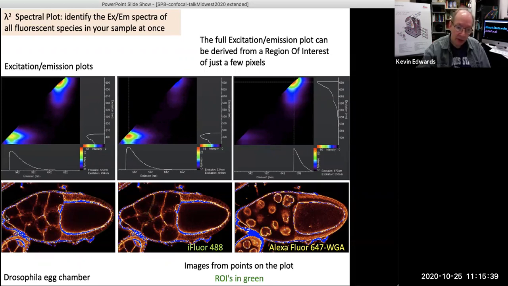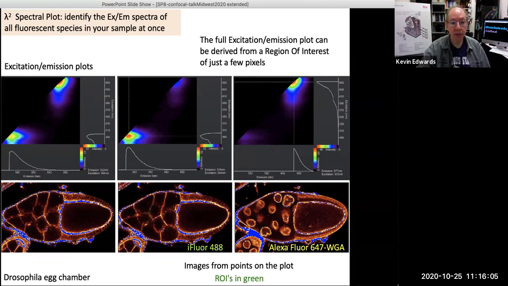So here what we've done is we've drawn a region of interest, which is this green line. It may be difficult to see, around this sample, this egg chamber from Drosophila. And what we see here in the spectral plot, this is excitations over here and emissions in nanometers. And what we see are there are two dyes in this sample, and that's good because I put in two dyes here.